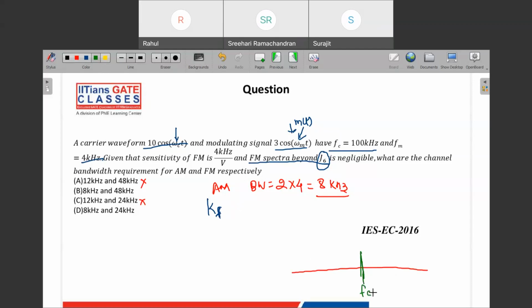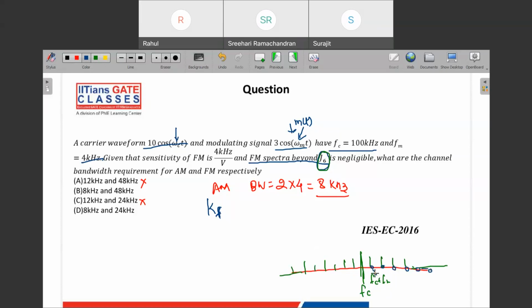You have one impulse at fc, one impulse at fc plus fm, then fc plus 2fm, 3fm, 4fm, going on. fc minus fm, fc minus 2fm, fc minus 3fm, fc minus 4fm, 5, 6, and so on. But we just need to care about J till J6. That means we need to just care about J1, J2, J3, J4, J5, and J6.